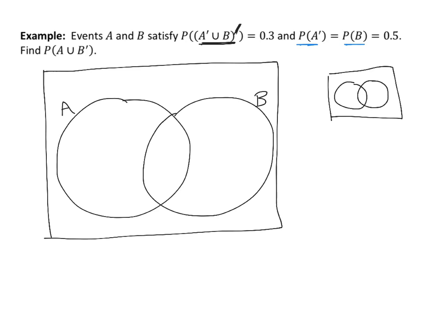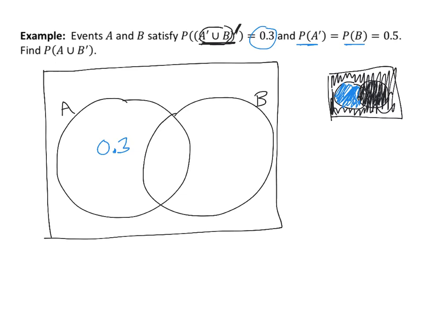This thing is saying not A or B. So that would be not A, here's not A or B. So not A or any of B. All that stuff I just shaded in, that's not A or B. And they want the opposite of that. And I hope you can see that the opposite of that is just this crescent. Well, it turns out that's really helpful for me. If that crescent is 0.3, it means that in my real diagram, I can label that as 0.3.